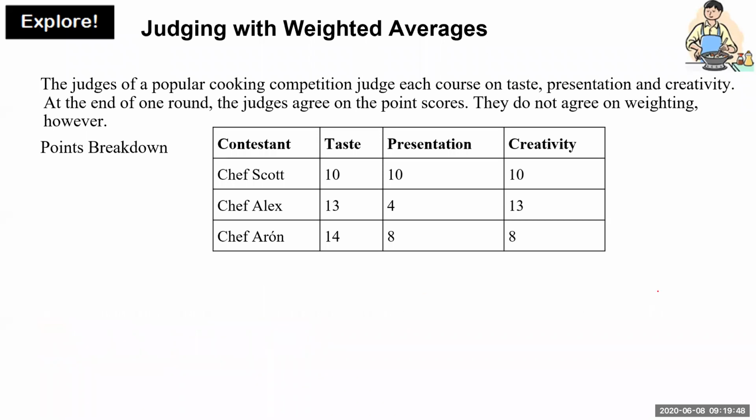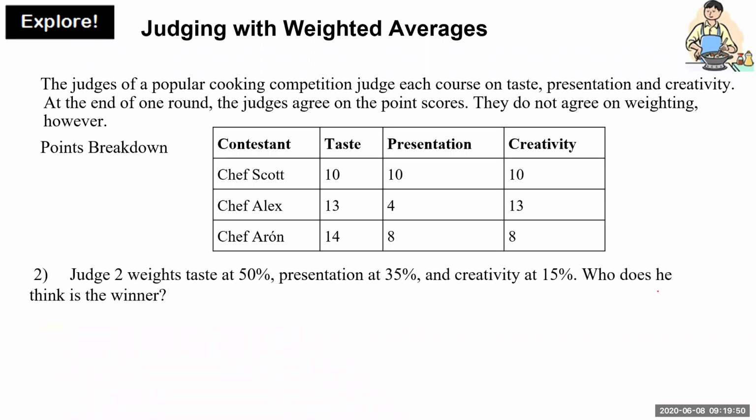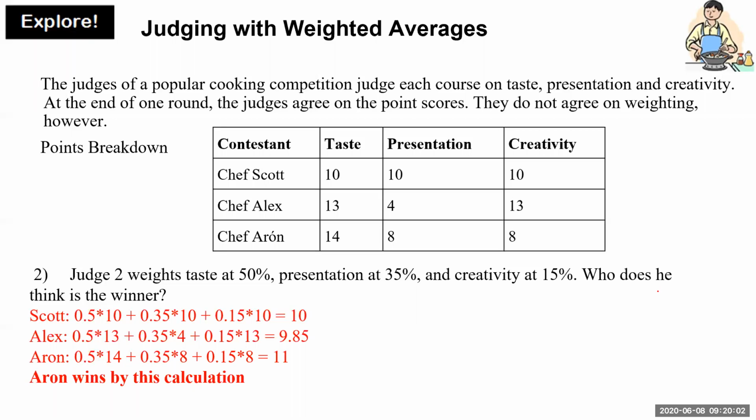Okay, now let's look at what the second judge decided. The second judge decided that, for me, taste is very important, right? Presentation is the next important thing, and creativity is the least. Now, we want to apply the weights to these, and Aaron wins by this calculation. Okay, right?